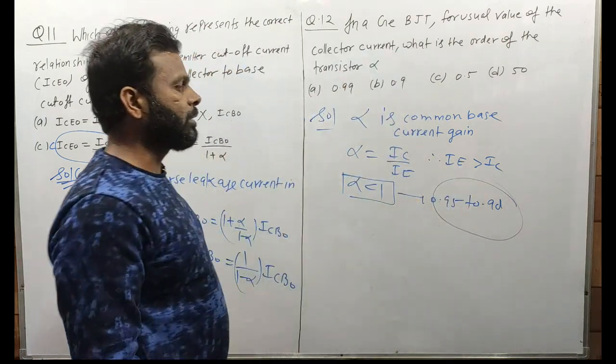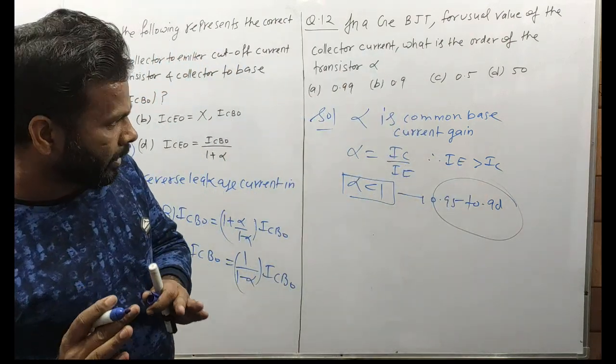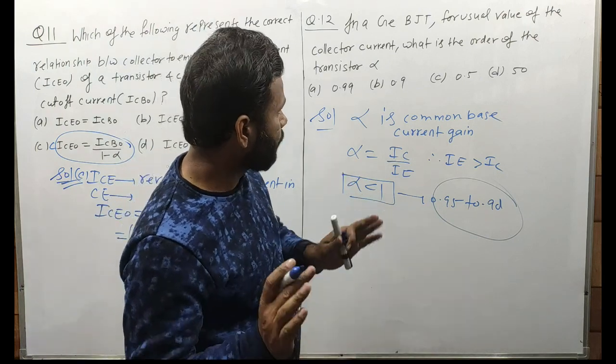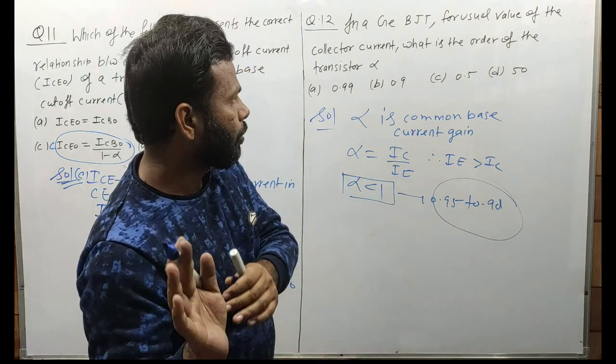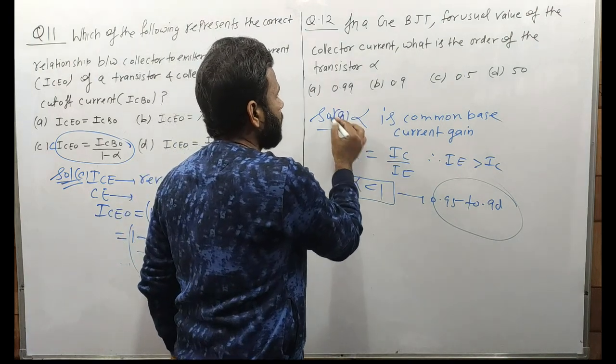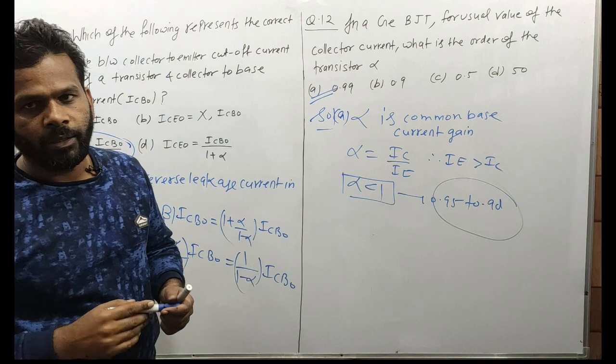Clear till here? So alpha is less than 1, and this common base configuration provides alpha less than 1. That's why this configuration is not suitable as a current amplifier. Clear? Now alpha less than 1 is given in option A. For this question the correct answer is A.